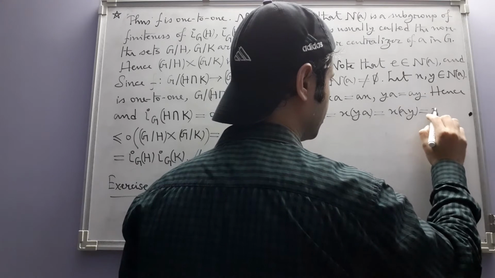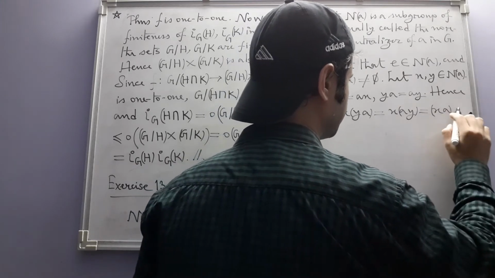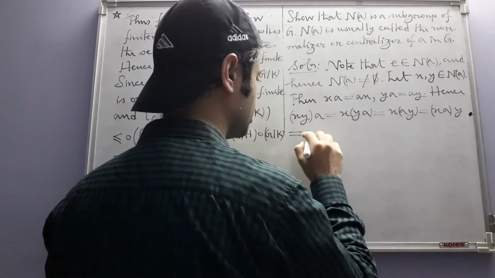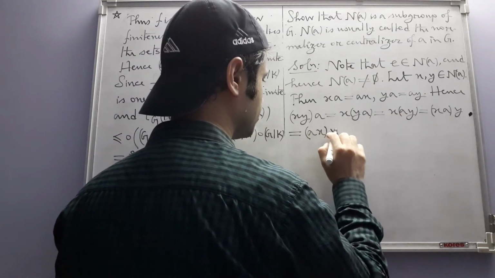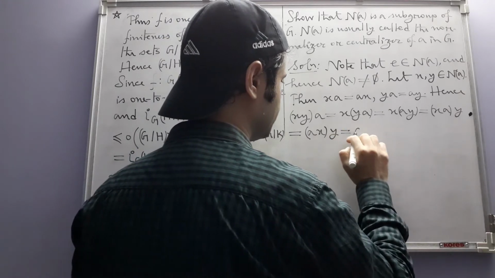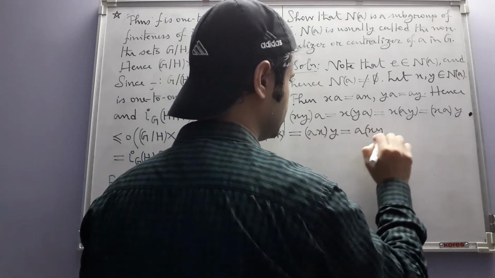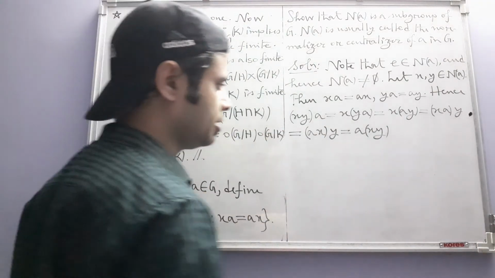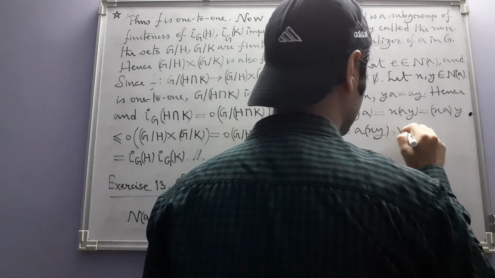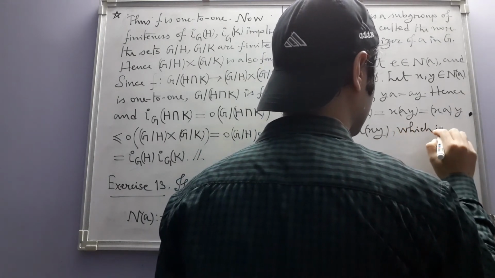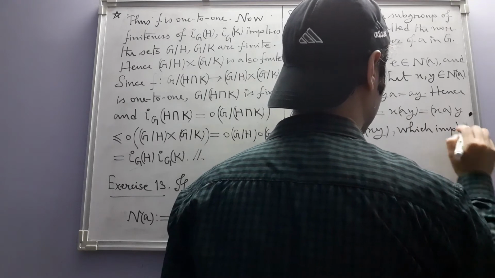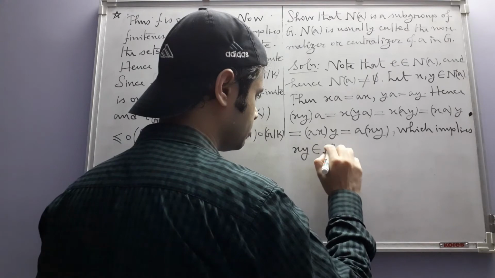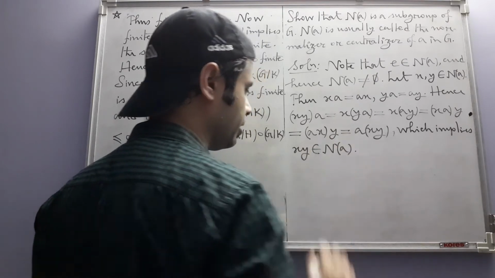Again, use the associative law to write the product like this. Now, in place of xa, we can write ax. Using the associativity law for one final time, we get this. So xy does commute with a, which implies xy belongs to N(a).